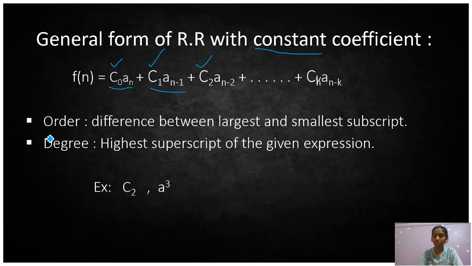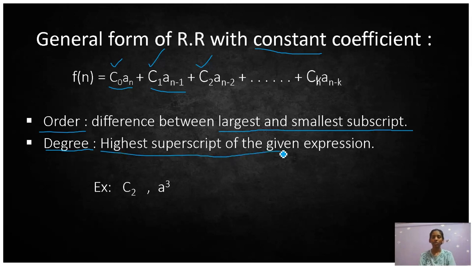Now let us see how we can find the order and degree for a given recurrence relation. What is order? Basically it is the difference between the largest and smallest subscript. And how can we find degree? It is the highest superscript of the given expression.